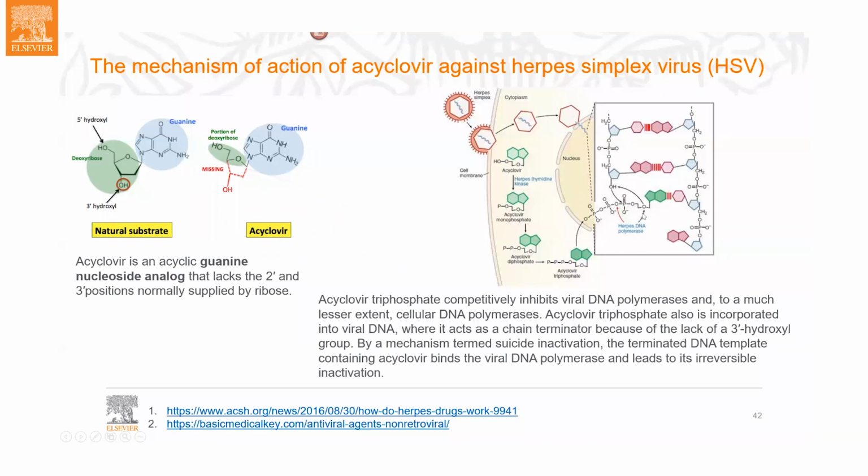It goes to the nucleus where it inhibits viral replication, because this hydroxyl group of the guanidine nucleoside is a part of the creation of the chain, and acyclovir, having no such hydroxyl group, stops the formation of the chain and even irreversibly inactivates the protein which is related to this. So soon the cell will die and the viral replication will be stopped.